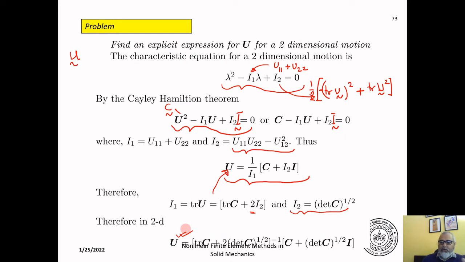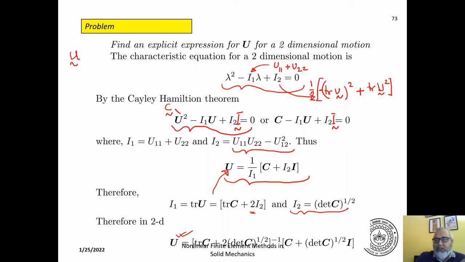You don't have to go through the route that we took in the previous problem, where we found the eigenvalues of c, then formed the eigenvalue matrix for u with the information that eigenvalues of u are square roots of eigenvalues of c, and the eigenvectors are the same.